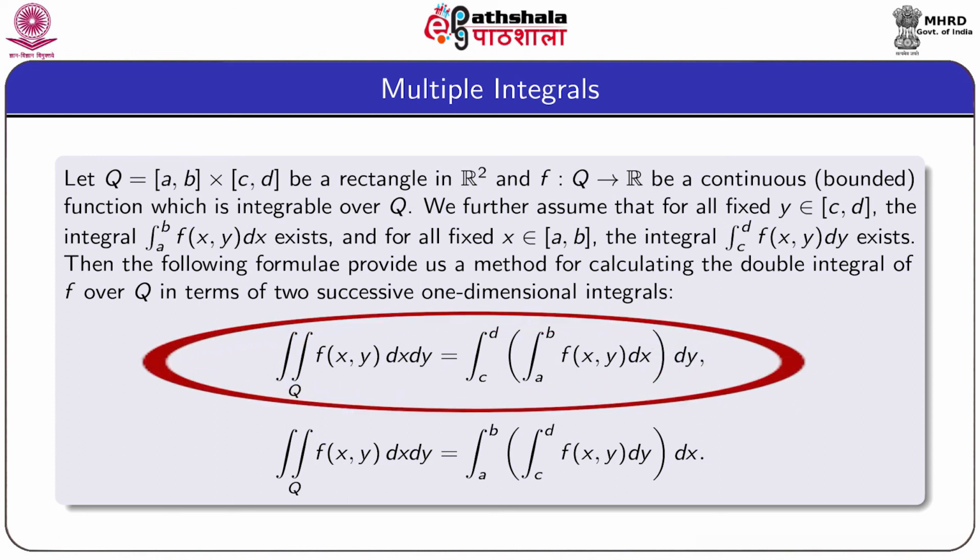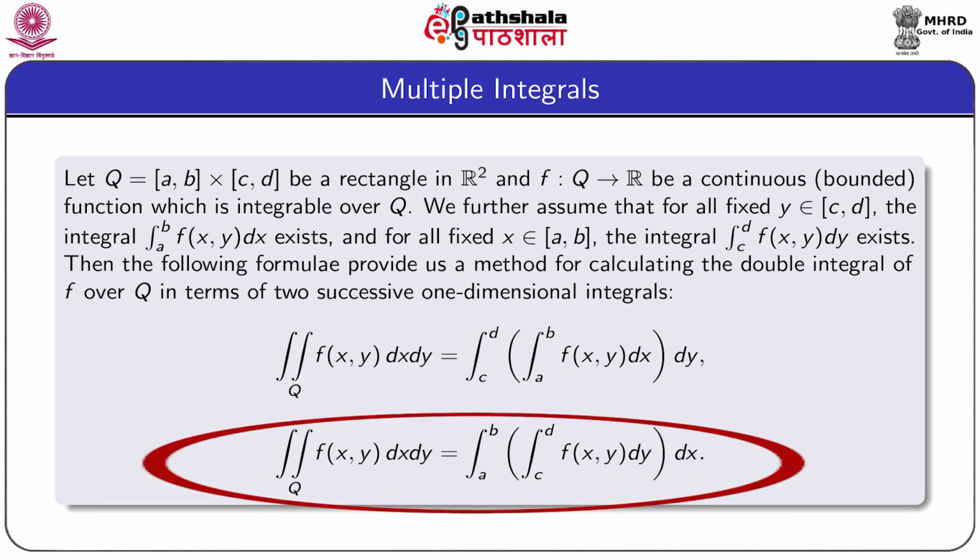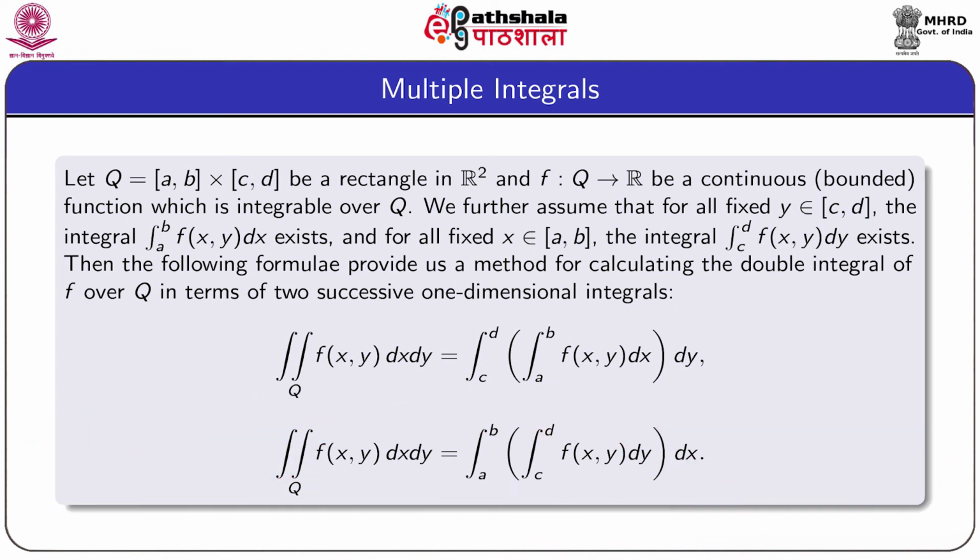The double integral over Q of f(x, y) dx dy equals the integral c to d of the integral a to b of f(x, y) dx dy, and the double integral of f over Q also equals the integral a to b of the integral c to d of f(x, y) dy dx.